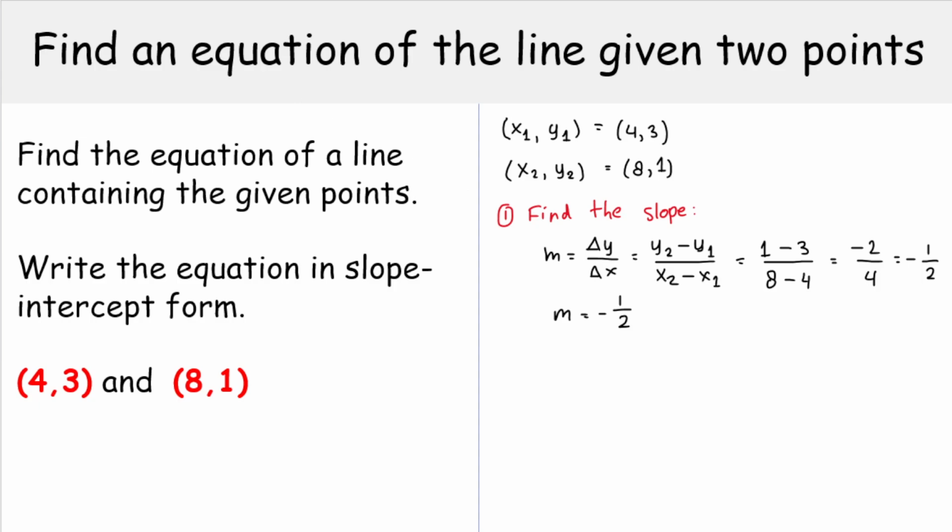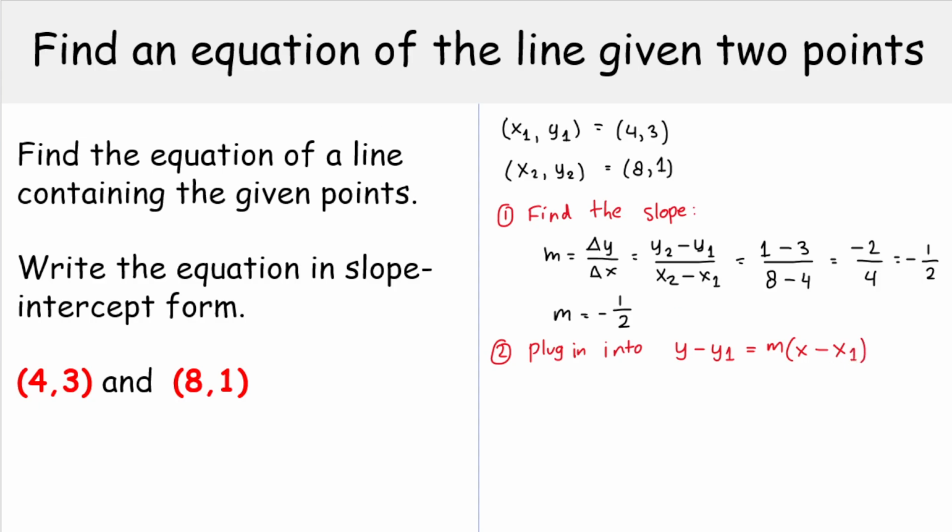And then we need to plug into the point-slope formula here: y minus y1 is equal to the slope multiplied by x minus x1.